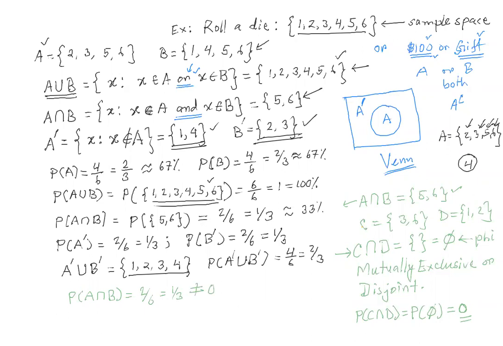Therefore, A and B are not mutually exclusive or disjoint. That's what it is, all right?